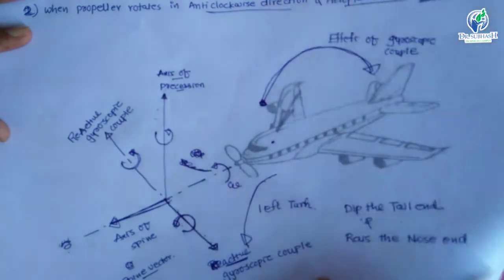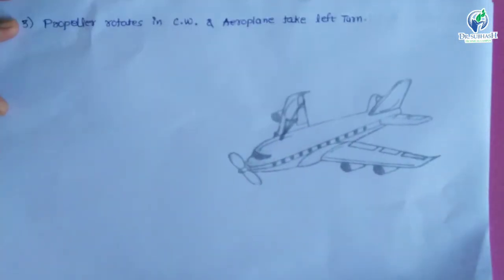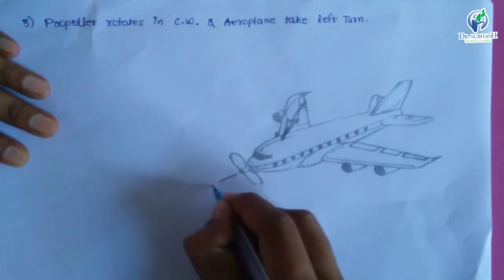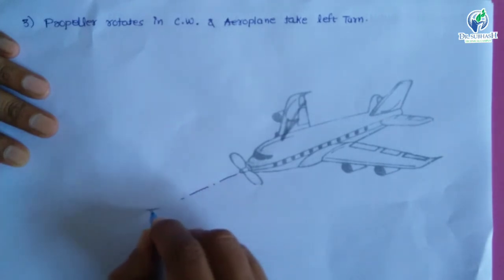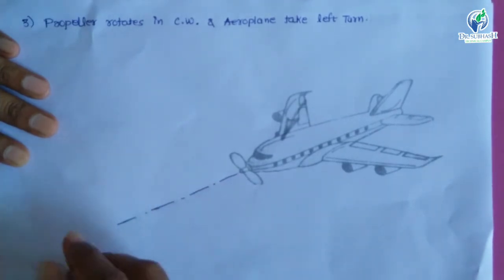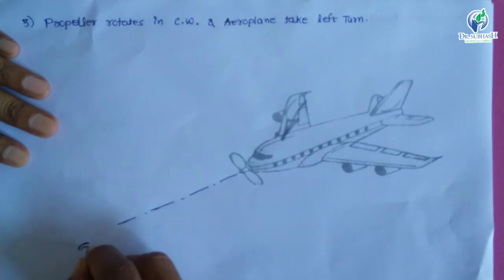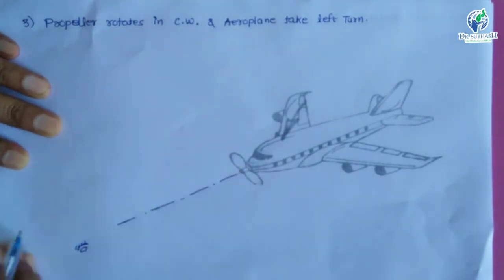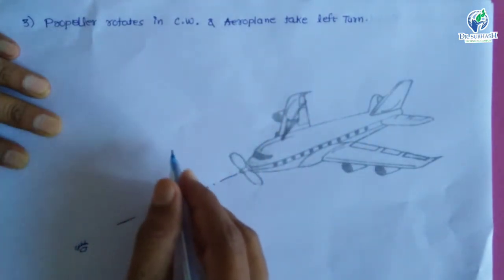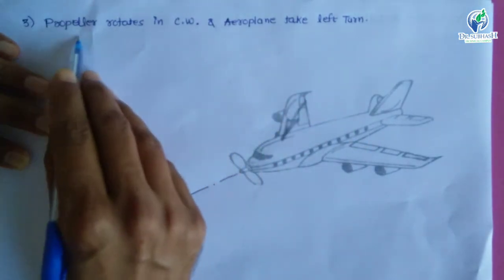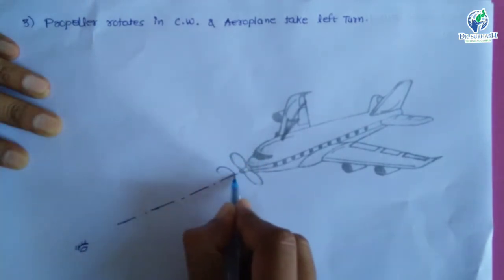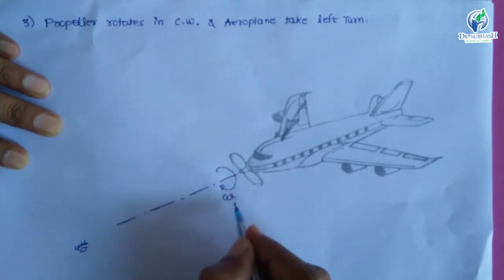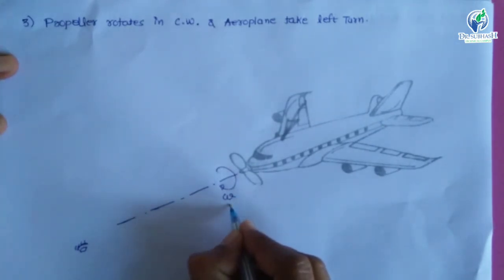Now let us see the third case. So again we consider this is the third case. This is the front end, we see from this end. When we see from the front end, then we see that our propeller is rotating in clockwise direction. So this is the sense of rotation of the rotor, and this rotor is rotating with omega angular speed.